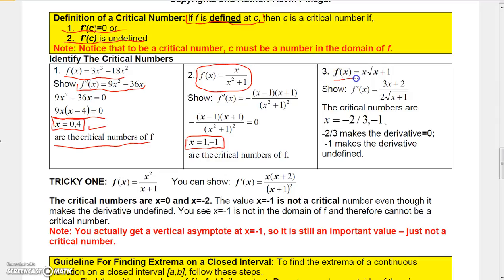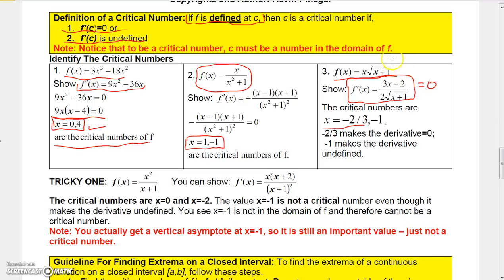Now for this function, you're going to have to use the product rule. So you can use the product rule to find the derivative, and this is the derivative for this function. Now if you set it equal to 0, then you would have to solve the equation 3x plus 2 equals 0, and you could get x equal to negative 2/3 as a critical number.